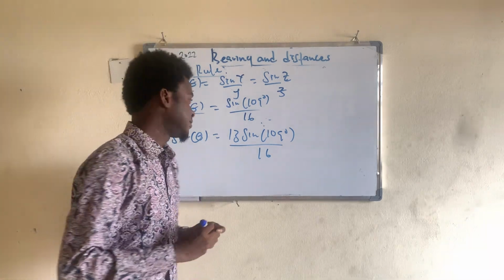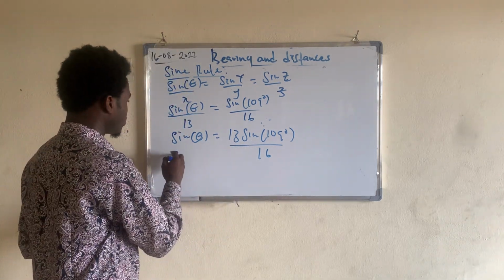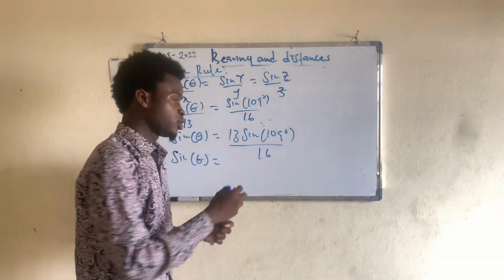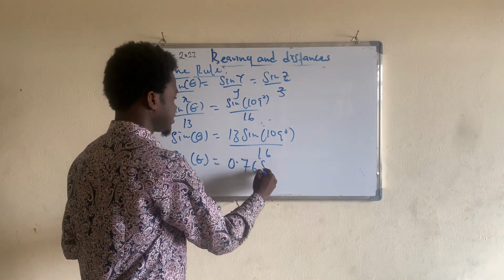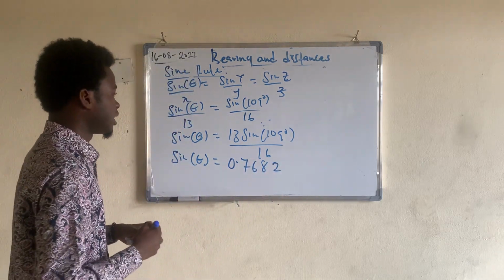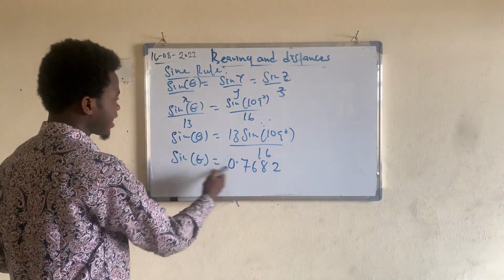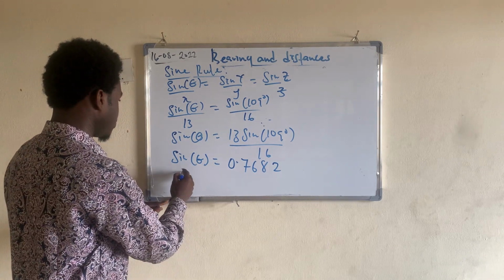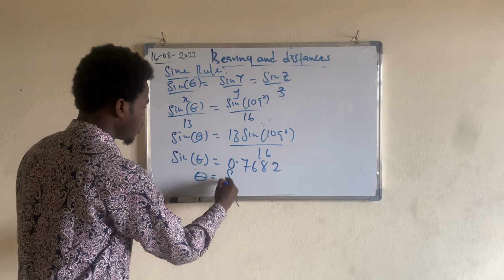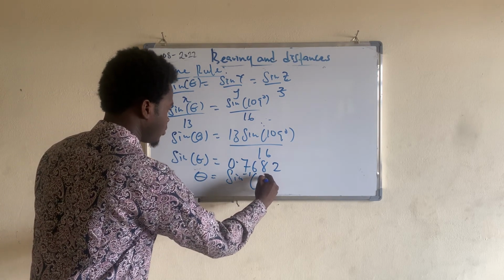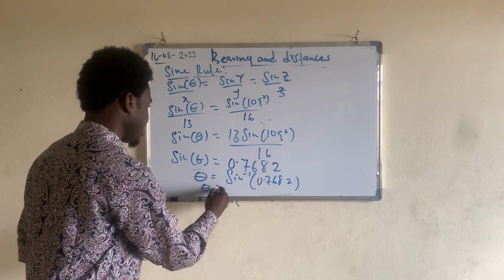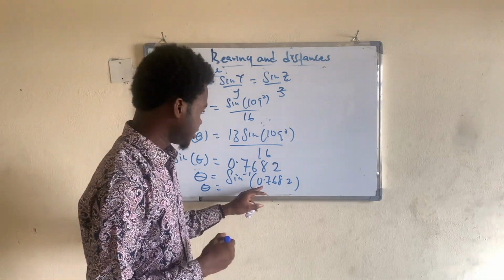If we punch this in our calculator, sine theta is equal to 0.7682, and what we do is take the arc sine on both sides. The sine inverse of both sides gives us theta equal to the sine inverse of 0.7682.